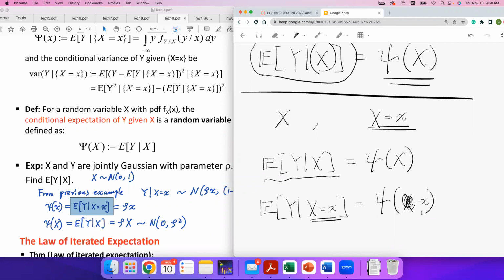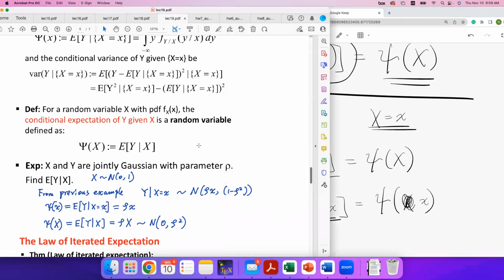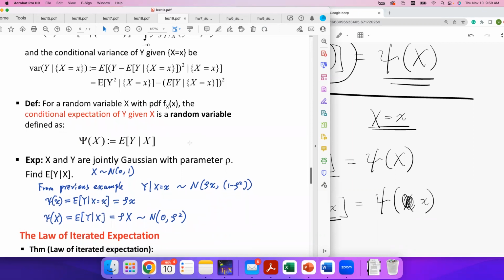So these two different notations need to be clarified. Whenever we write this, it's a random variable.